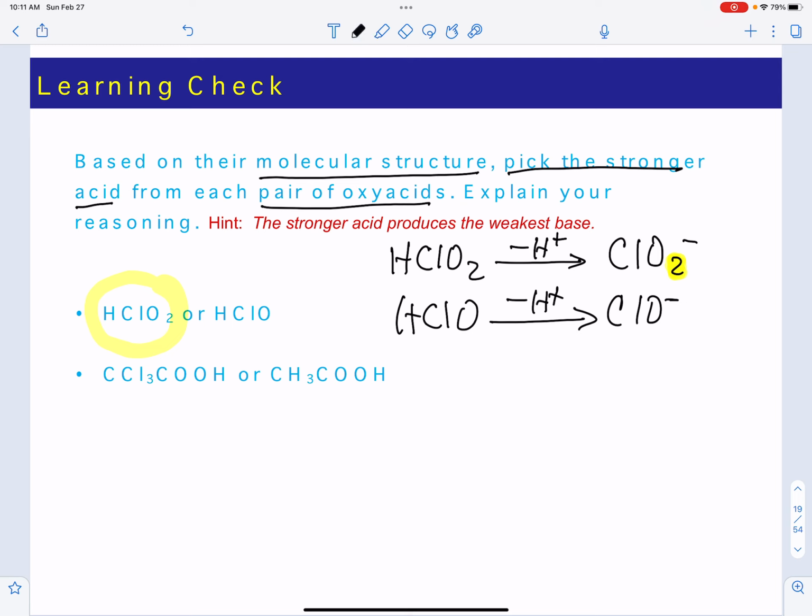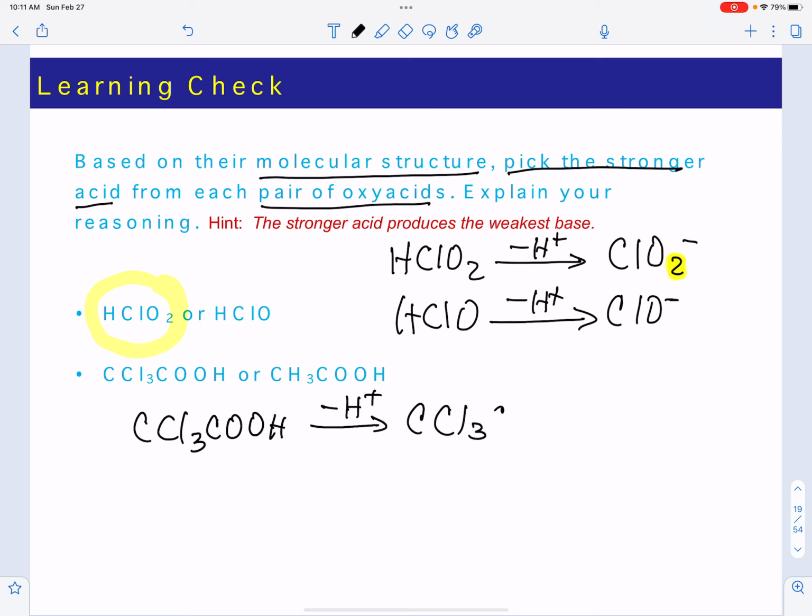What about the next one? The next one we have is CCl3COOH, behaving like an acid, producing CCl3COO negative, right?